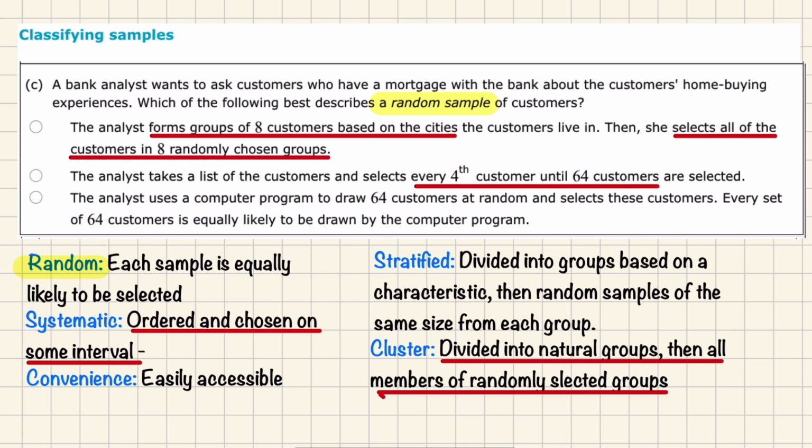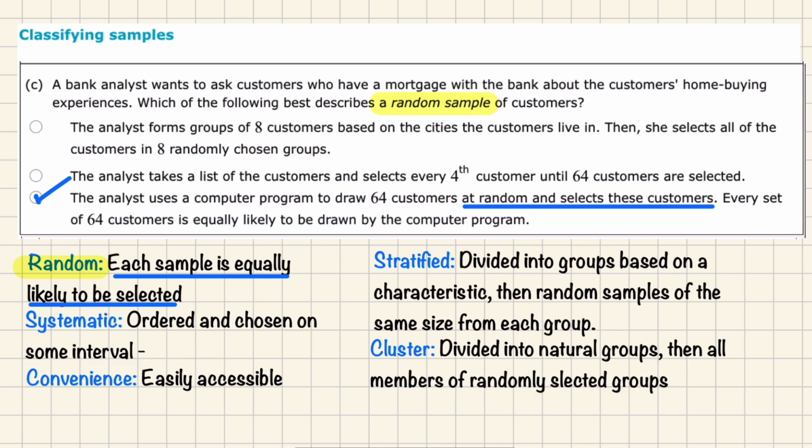Here we're told the analyst uses a computer program to draw 64 customers at random and selects these customers. Every set of 64 customers is equally likely to be drawn. So random and equally likely would be random sampling. Hopefully these examples and descriptions help identify the different sampling techniques.